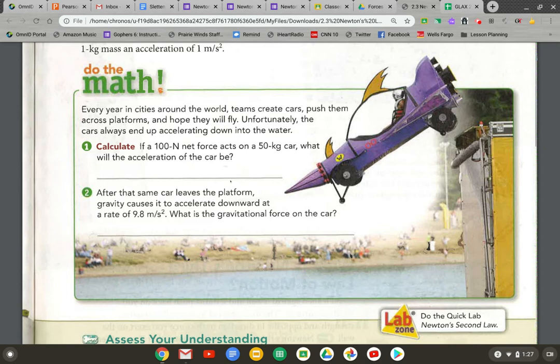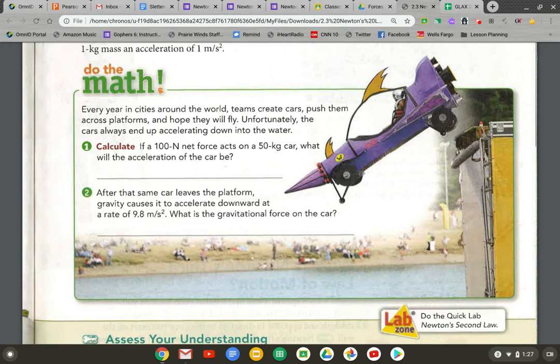From number 1, the mass of the car is 50 kilograms. So we take 50 kilograms times 9.8 meters per second squared. 50 times 9.8 is 490. Since we're looking for force, the unit is newtons. So the correct answer for number 2 is 490 newtons.